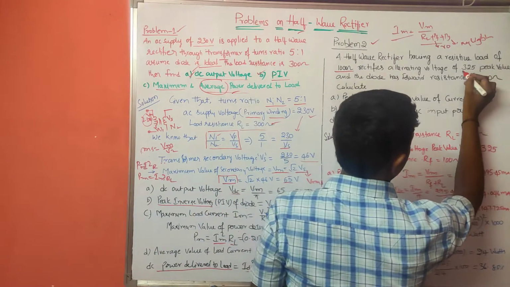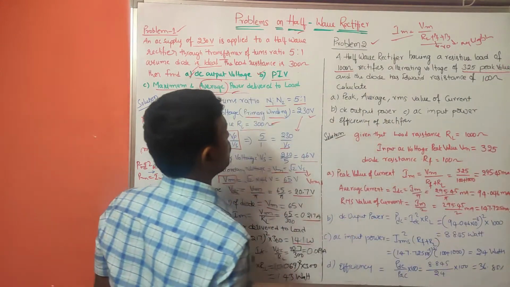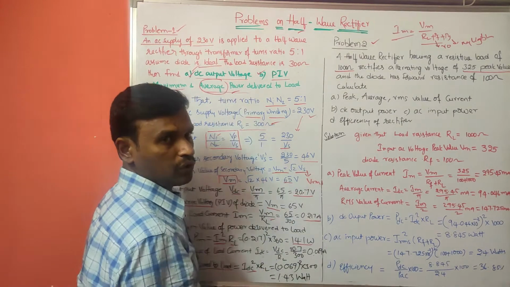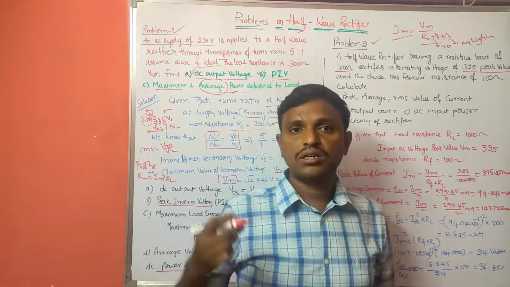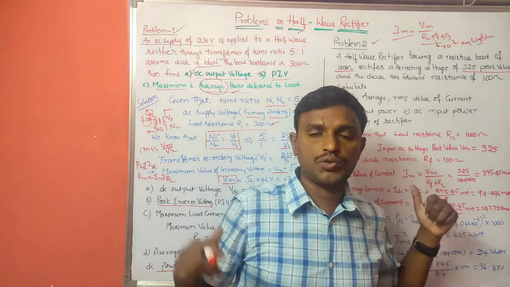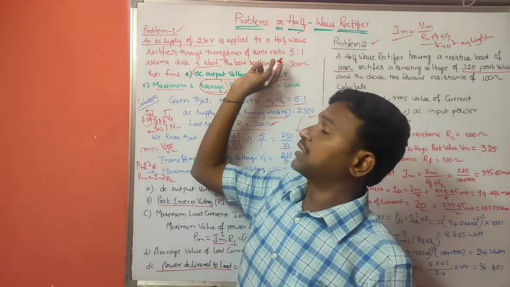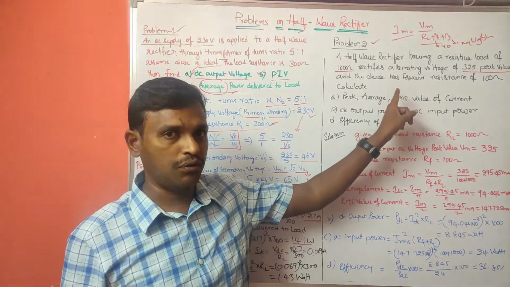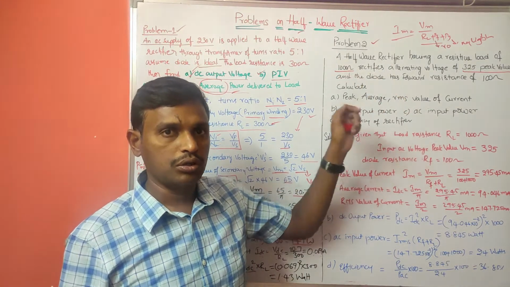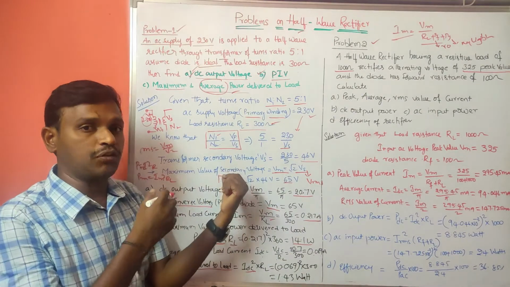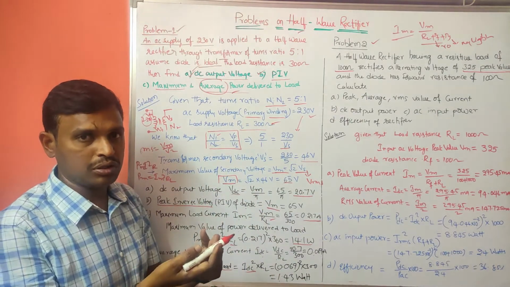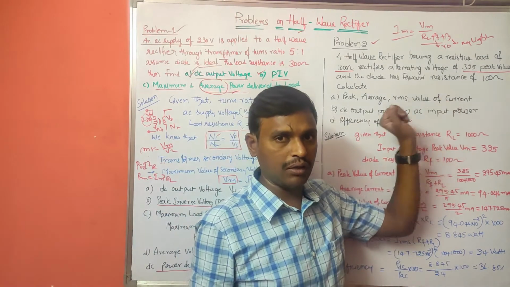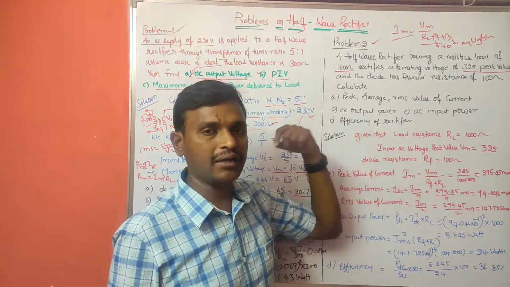Here it is mentioned that the peak value is 325, but there it was an AC supply of 230 volts. In that one they gave the turns ratio, but here it is not given. Directly they have given the peak value.